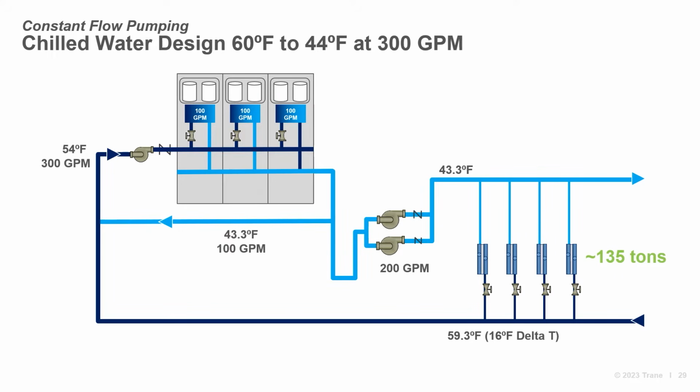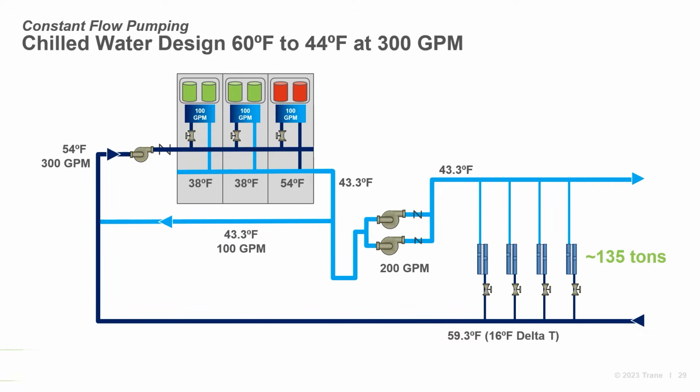In this example, 2 of 3 modules are operating. Because each module is designed to produce a 16-degree delta T when given 100 GPM, the 2 modules in operation will make 38-degree fluid leaving their heat exchangers, while the off module will do no work. The resulting mixed fluid temperature leaving the chiller will be 43.3 degrees.